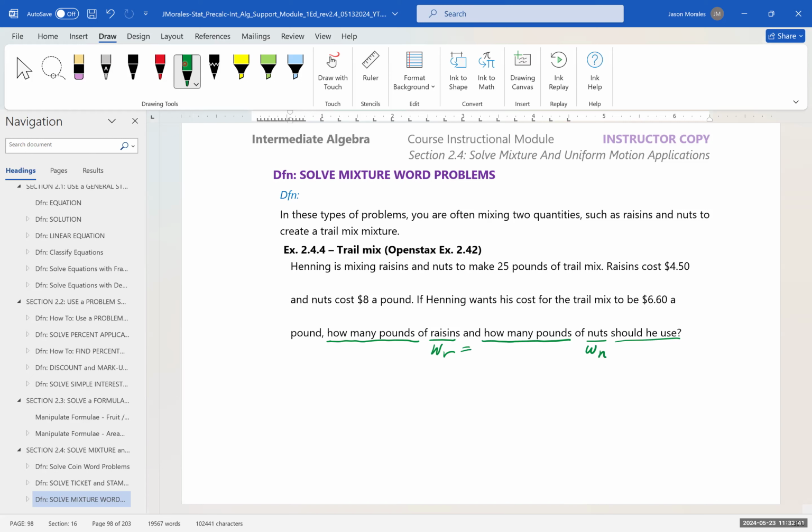So we're trying to find W sub R and W sub N, the weight of raisins and the weight of nuts.